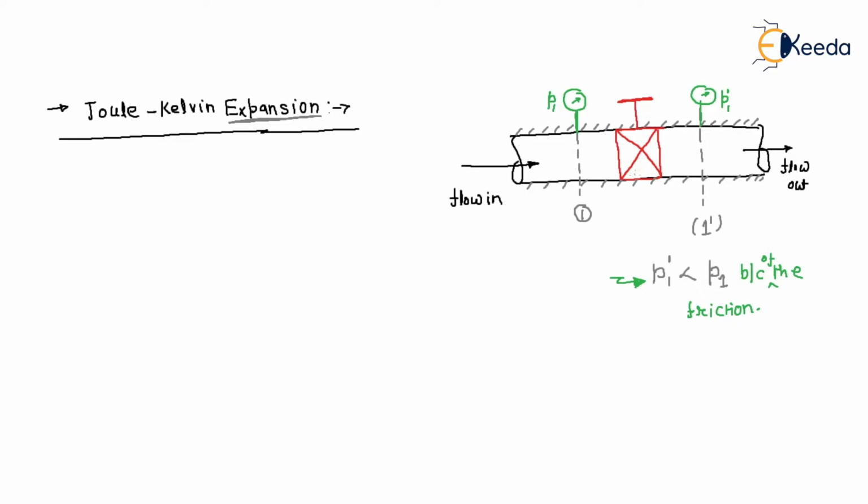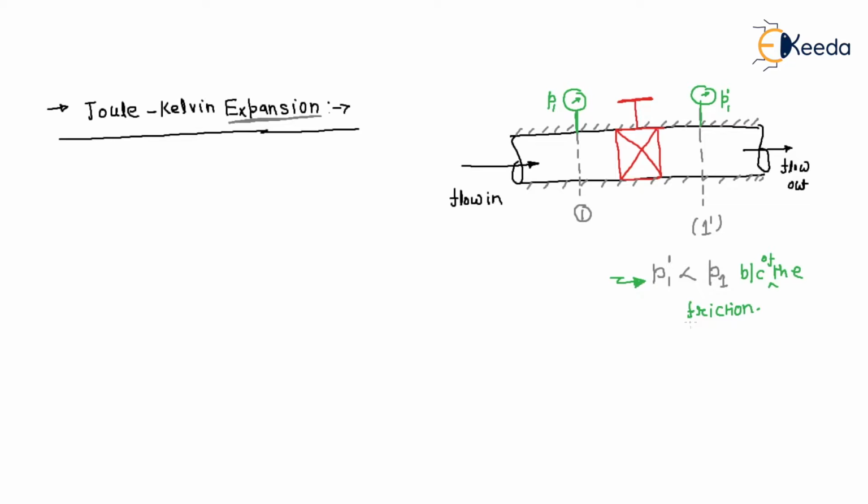If the passage is reduced, the velocity will increase, and when the velocity increases, the pressure will reduce. So the final pressure at the exit section must be reduced compared to the inlet section. So this is your expansion process.